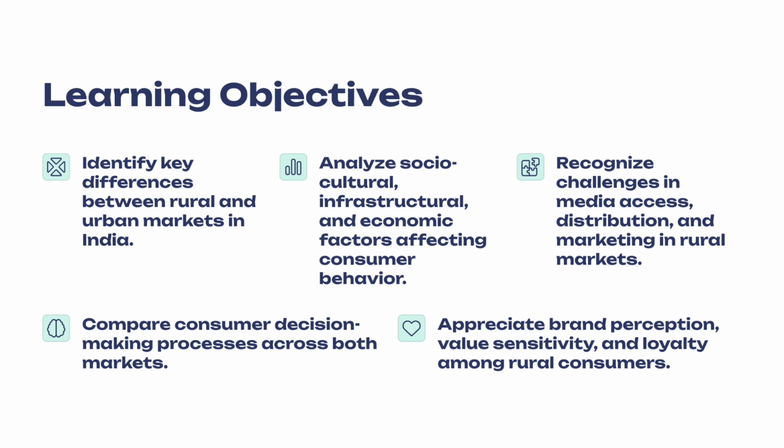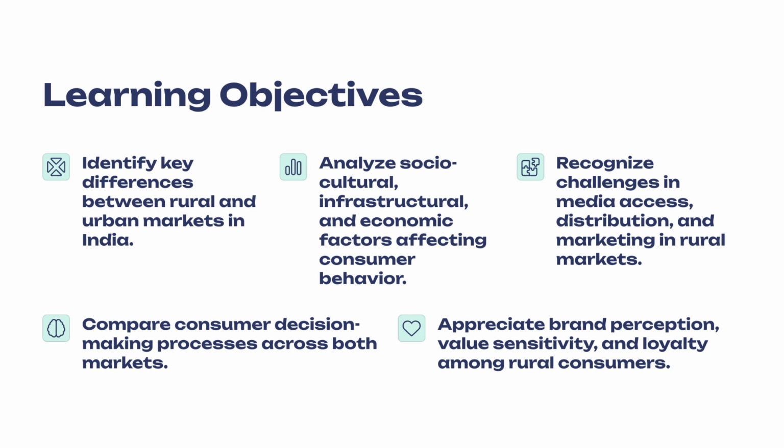Let us begin by outlining our learning objectives for this session. After engaging with this lecture, you will be able to identify the key fundamental differences that distinguish rural and urban markets in India, analyze the impact of socio-cultural, infrastructural and economic factors on how consumers behave in these distinct settings, recognize the unique challenges associated with marketing, reaching audiences through media and distributing products in rural areas.